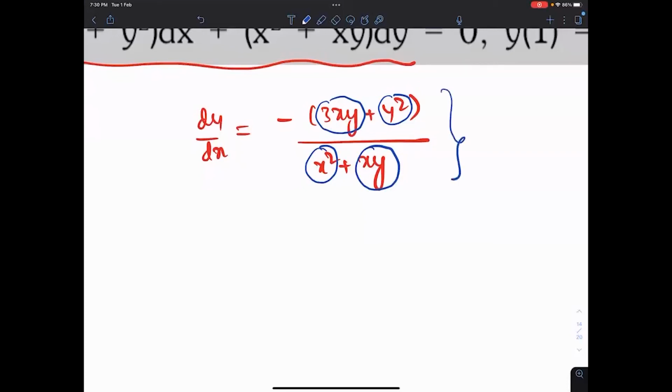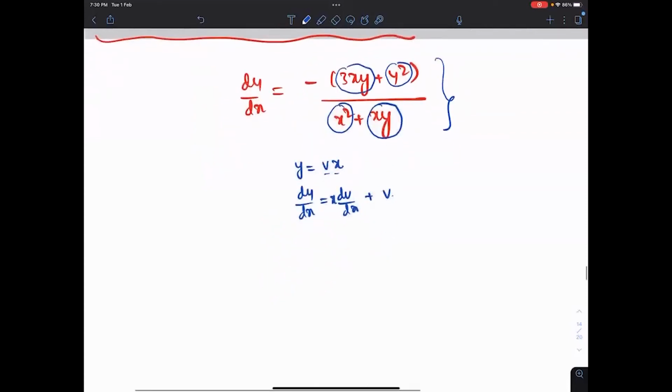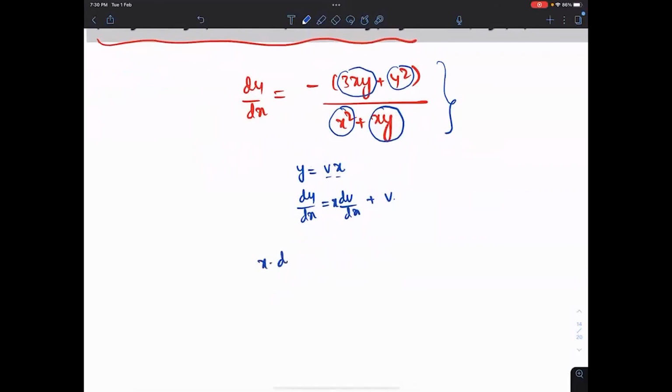Okay. So for a homogeneous differential equation, the substitution is y equals vx. So dy by dx, if I apply the UV rule, will be x dv by dx plus v times dx by dx, which is 1. So now dy by dx is what here? x into dv by dx plus v, and minus what is there here? 3 times x into what is y? vx.